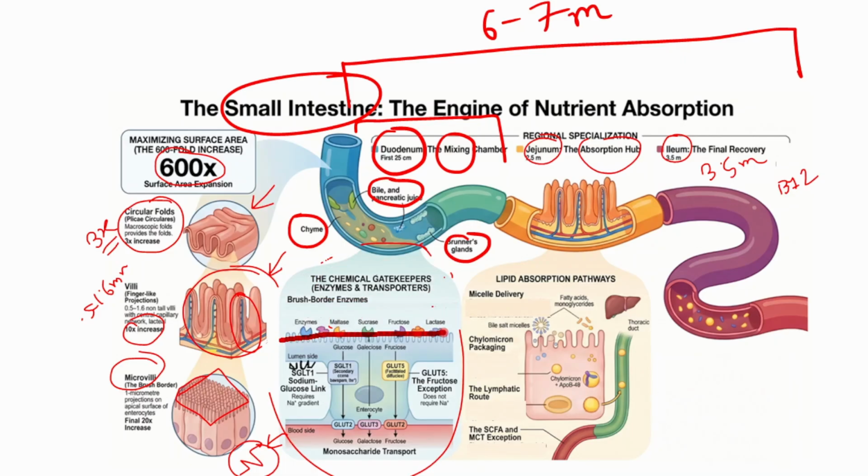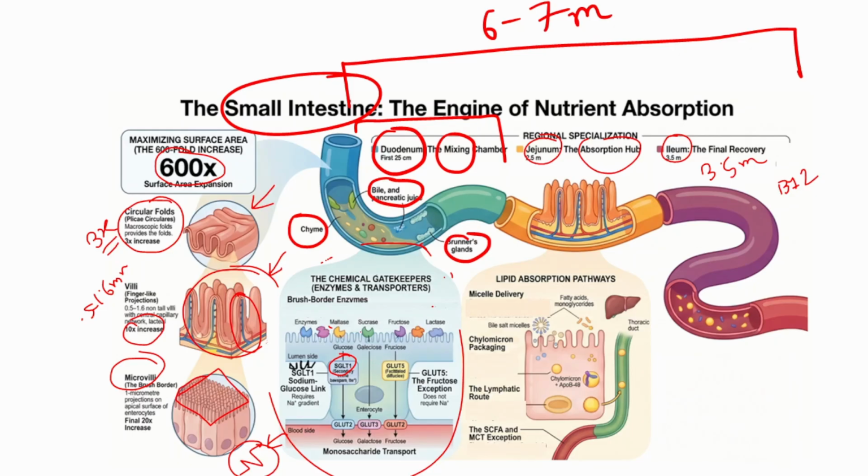This is the enterocyte membrane, and we will see how the food particles are transported across this membrane. Let's start with monosaccharides. First, glucose and galactose move from the lumen side into the enterocyte via SGLT1, a sodium-glucose linked cotransporter that requires a strong sodium gradient maintained by a secondary active transport.